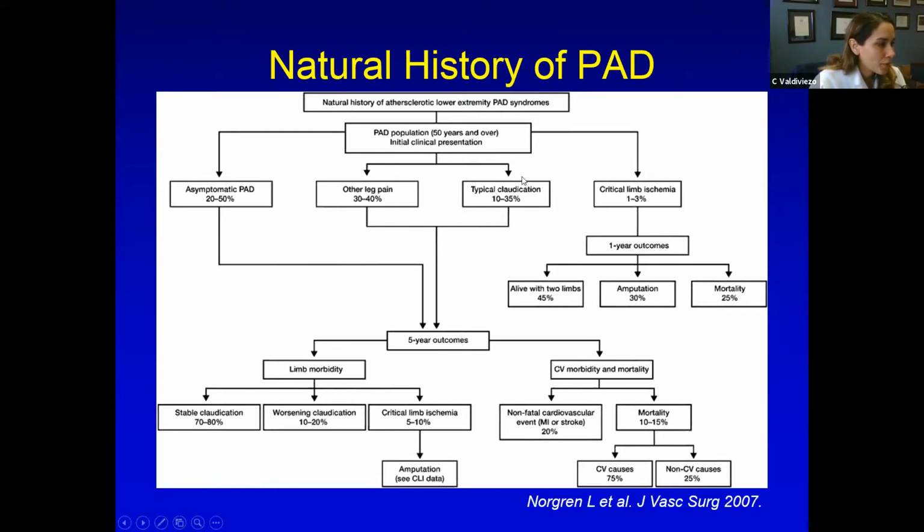Among those patients who have critical limb ischemia as their initial clinical presentation, after following them for 1 year, only 45% will still be alive with 2 limbs. Among the remainder, 30% will have experienced amputation, and 25% will experience mortality.